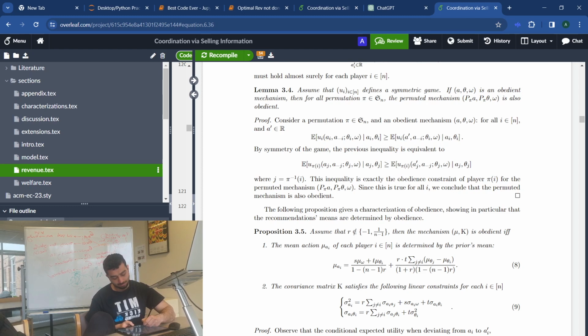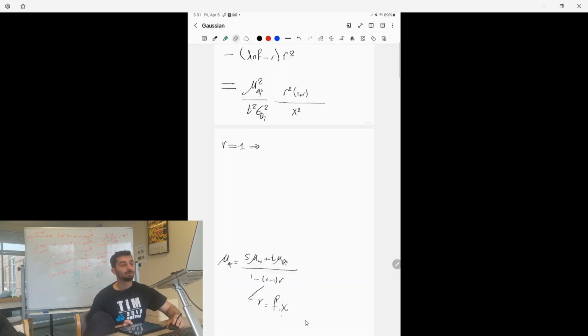Mu ai is S mu omega plus T mu theta I, where 1 minus n minus 1 r. This root has 1 over is f, which we are not closing. Okay, that's all good. R is minus 1. We will have this equation.